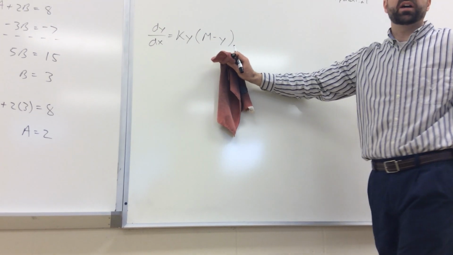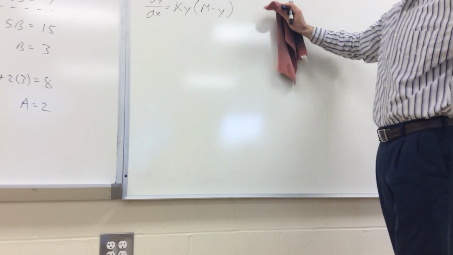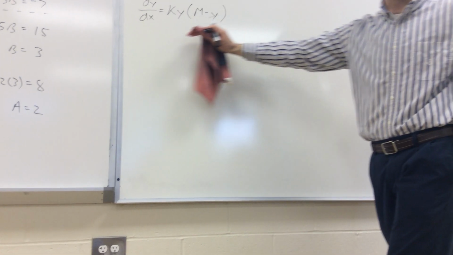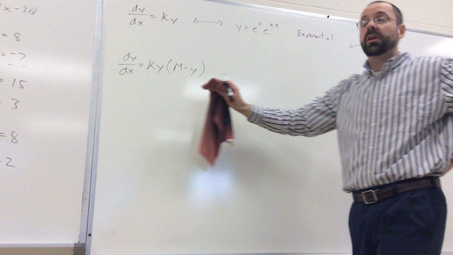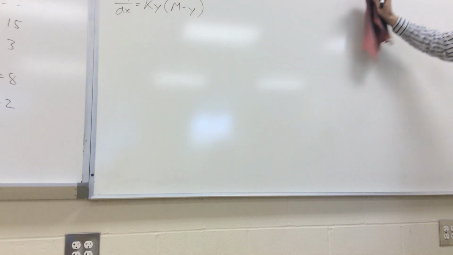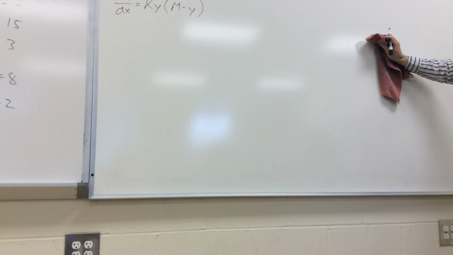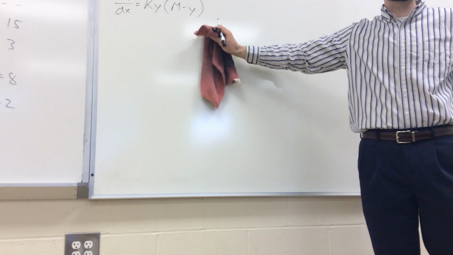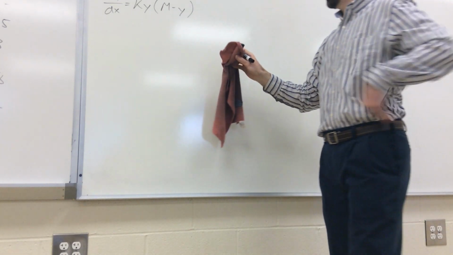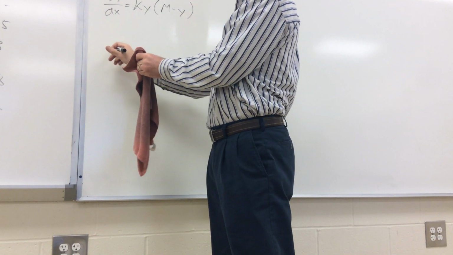And by the end of the next couple days, we're going to have this filled in. We're going to know what the y equation is that goes with this. And we're going to know the name of it. And we're going to know what the graph looks like for this type of differential equation.